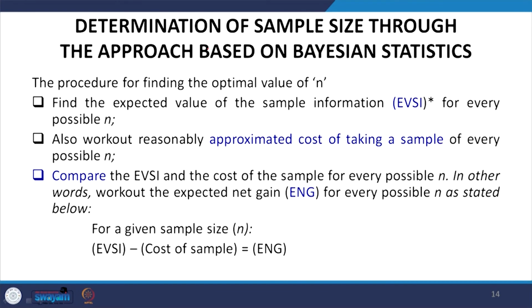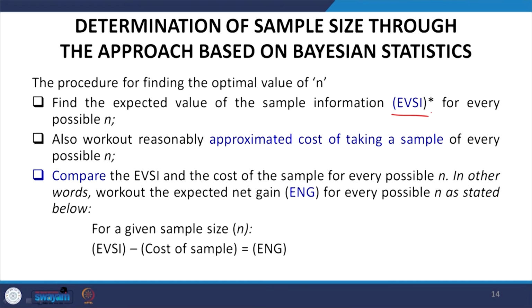Now, here we are also suggesting something called Bayesian statistics. Those who want to go for advanced analysis need some stochastic variance information. If estimated stochastic variance information is there, EVSI is applied, but this approach is largely applied when we are interested in also estimating the cost related to the sample size determination.